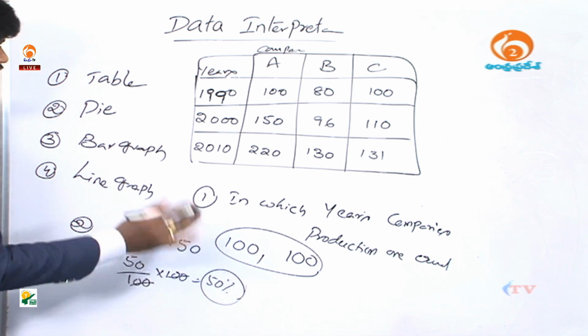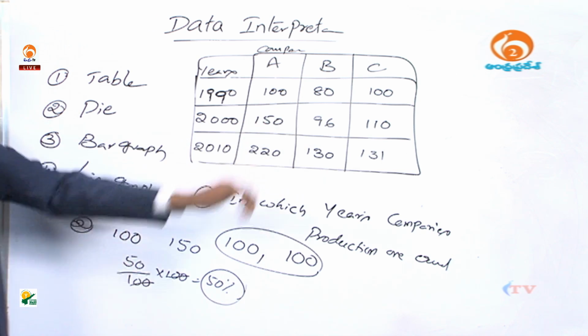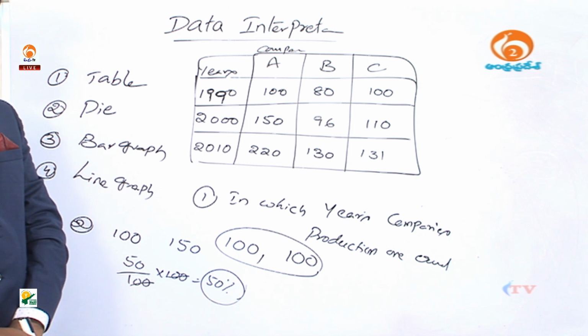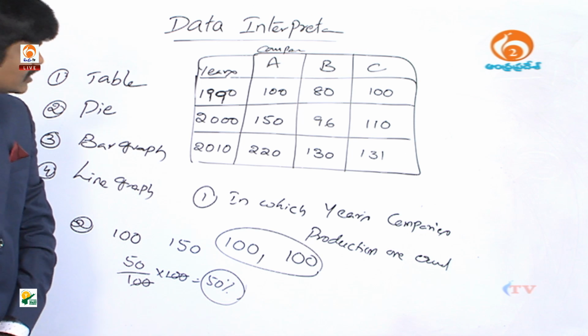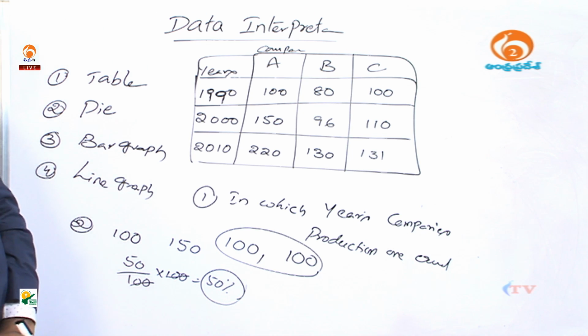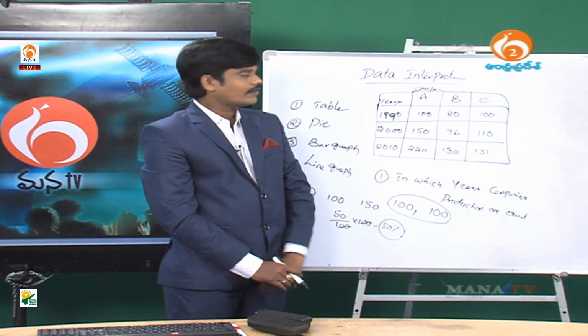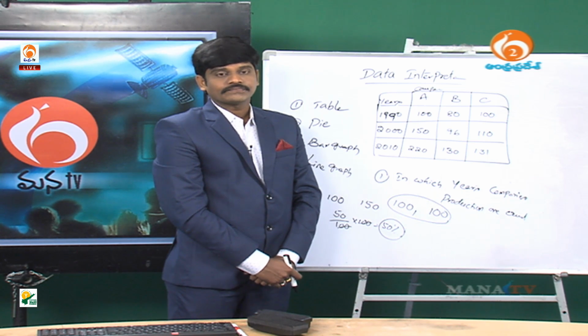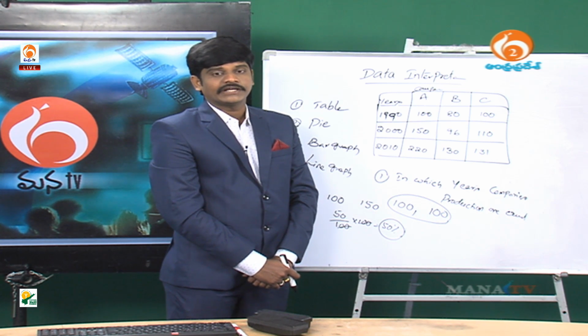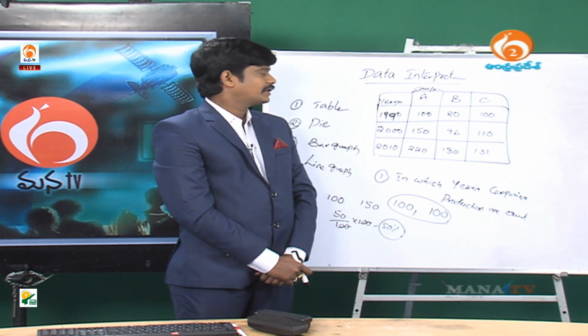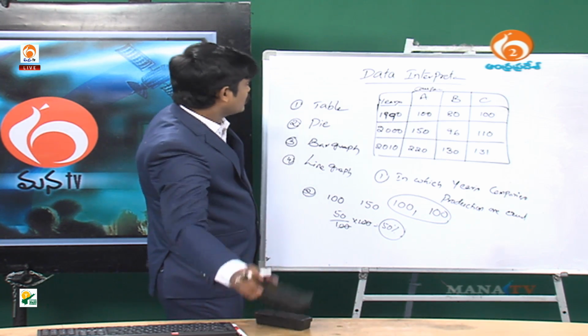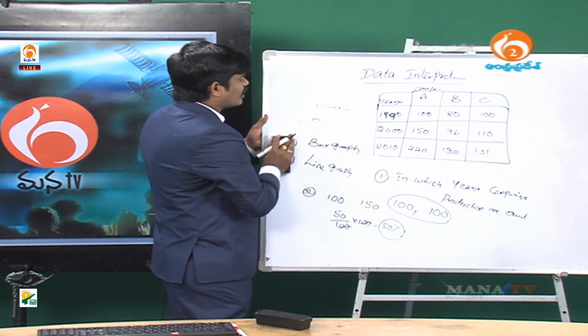If the same question is asked on B, how much percentage of production is increasing from 1990 to 2000 in company B? In 1990, what is the production of B?